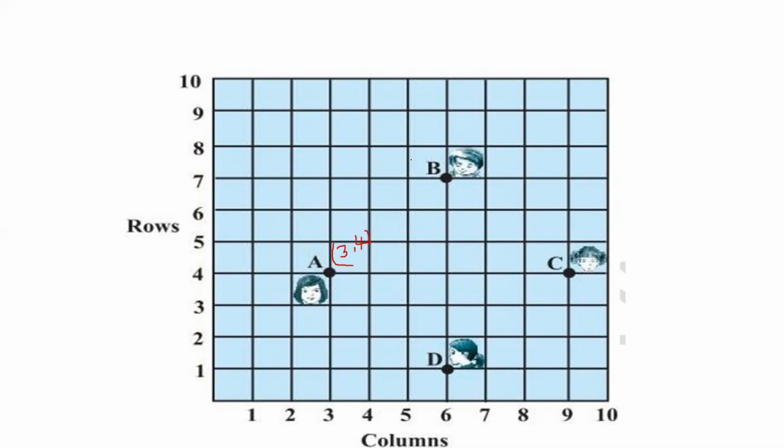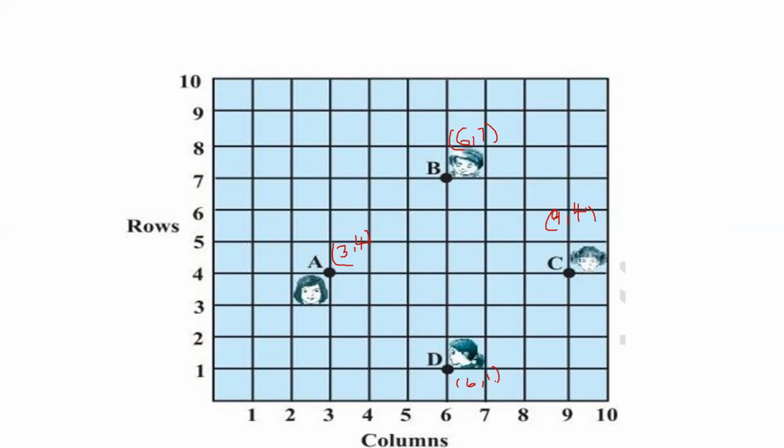B coordinates are 6, 7. C coordinates are 9, 4. And D coordinates are 6, 1. So I have 4 points now.